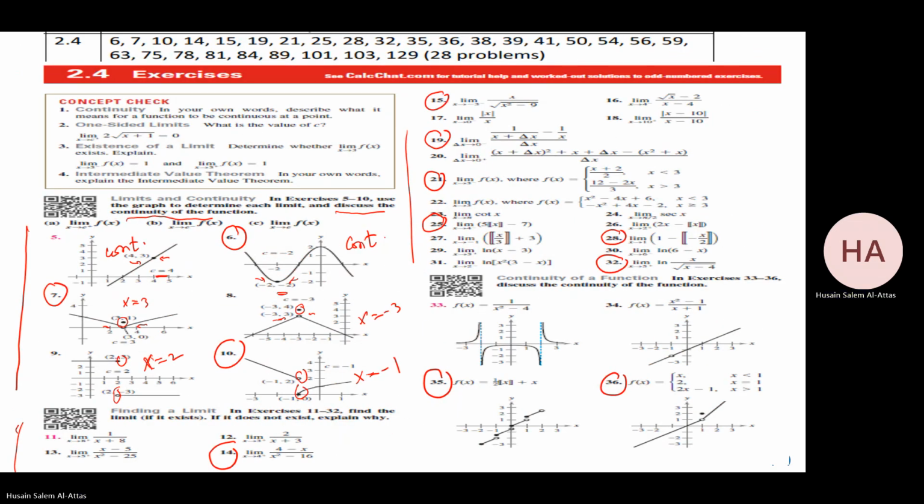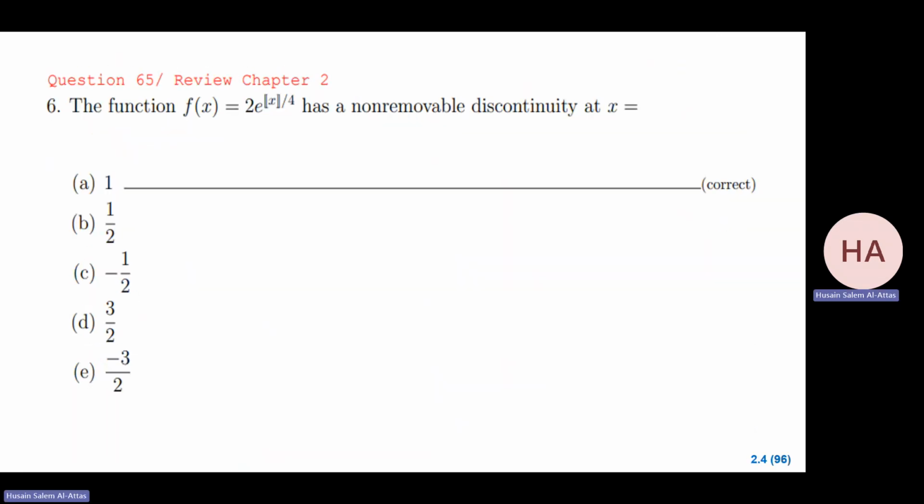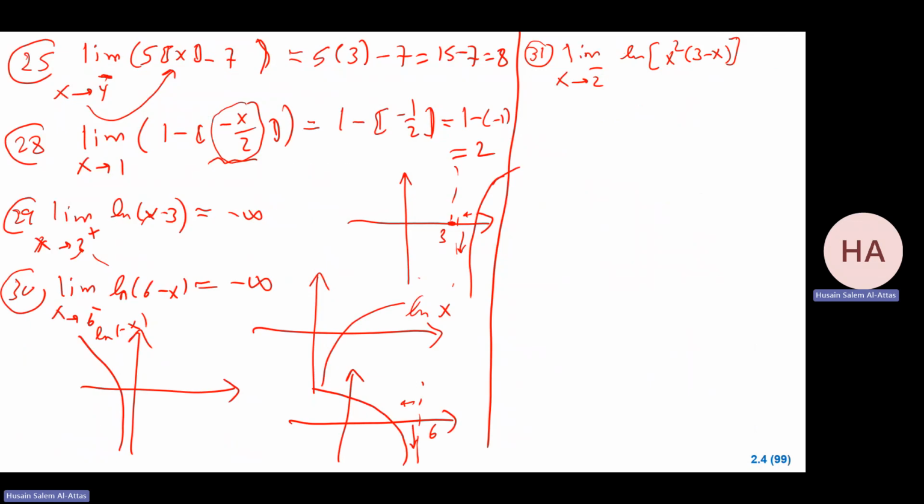Where is 31? It goes to 2 from left with just substitution. Nothing is there. I was thinking it's more complicated, but it's okay. No need. Just substitute. You will have len of 4 times 1, which is len 4. That's it. There is nothing to worry about.